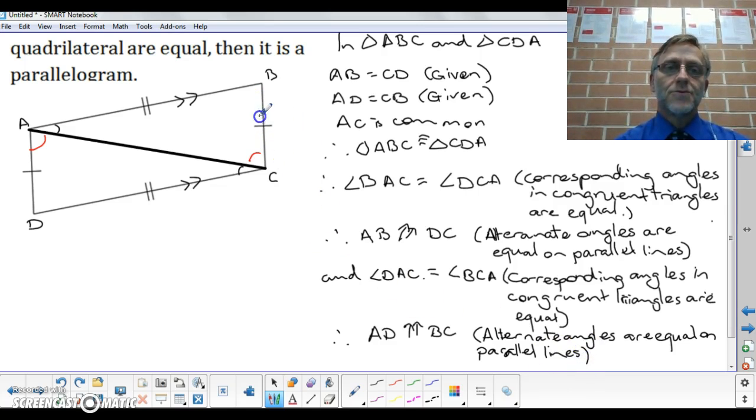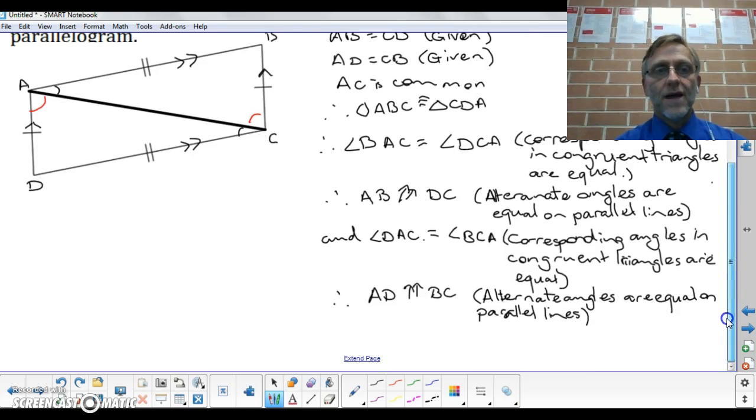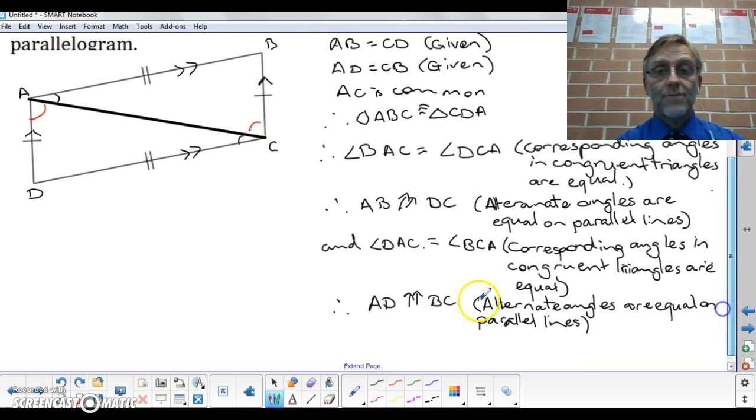So that means that I can draw my chevrons in now. And if I've got two pairs of parallel lines, that means that my figure ABCD is a parallelogram. Therefore, ABCD is a parallelogram. And that's what we set out to prove.